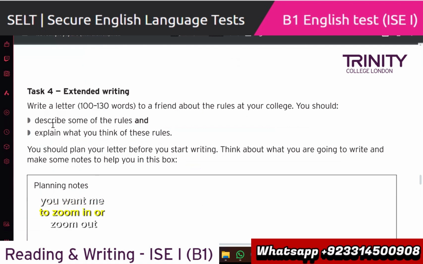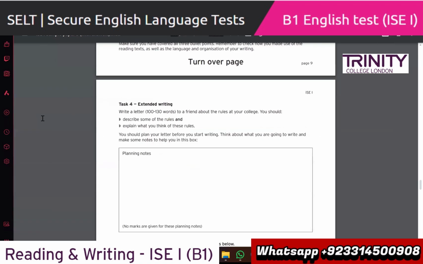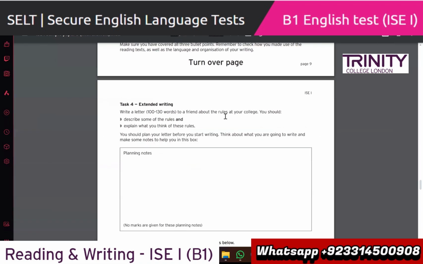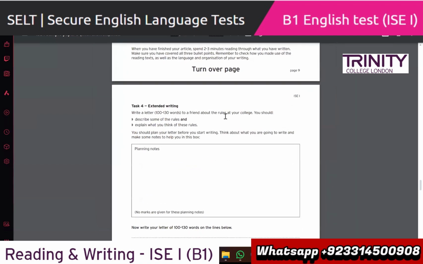You should describe some of the rules and explain what you think of those rules. You should plan your letter before you start writing. Think about what you are going to write and make some notes to help you.